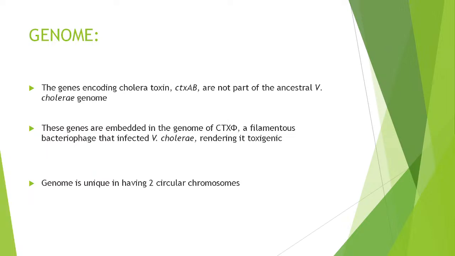So if you see the genome of this bacteria, this toxin is encoded by a phage. Classically, this cholera toxin was not part of the ancestral Vibrio cholerae genome, but those Vibrio cholerae which are infected with a bacteriophage, CTX phi, become toxigenic.